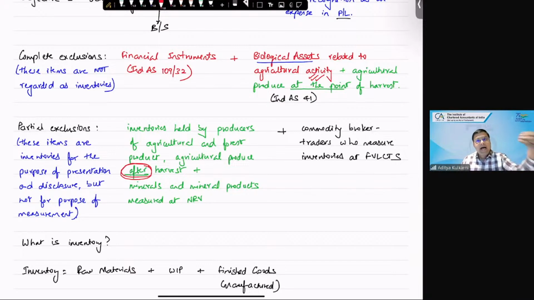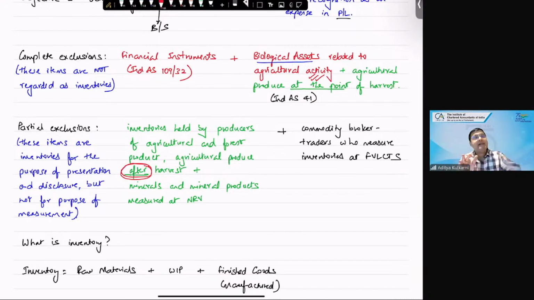But the moment I pluck the wheat, the moment I have wheat grains and I have filled my sacks with them, the moment I pluck the fruits from the orchard which I have grown, I am going to sell them. So now it will move from a biological asset and become your inventory.